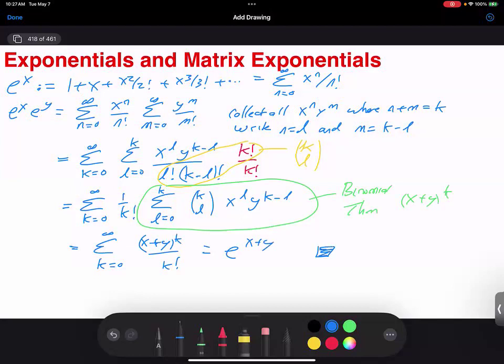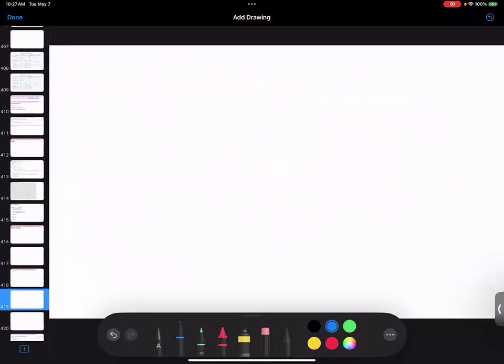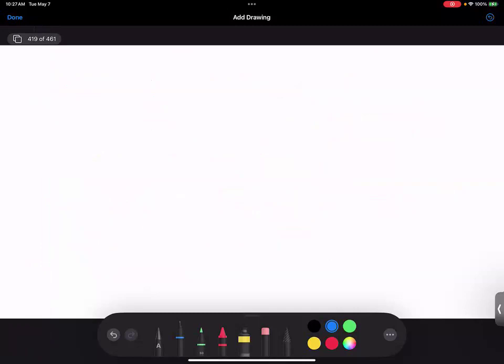So this is justifying the notation, okay? It should not be allowed to write e to the x if you can't combine the exponents. So now, given this success, what we can do is generalize.